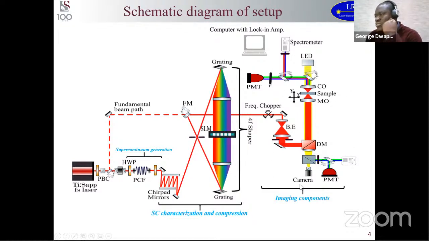Since I said in the opening slides that in normal nonlinear microscopy you just have a laser and some imaging optics, to mimic that, we have a path here which doesn't go through the supercontinuum. It's just a normal femtosecond laser, and then we go into our imaging system. So we're just going to look at the various sections.